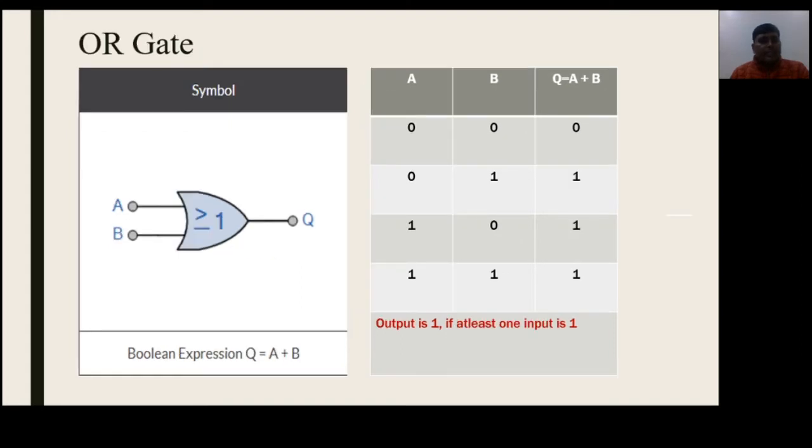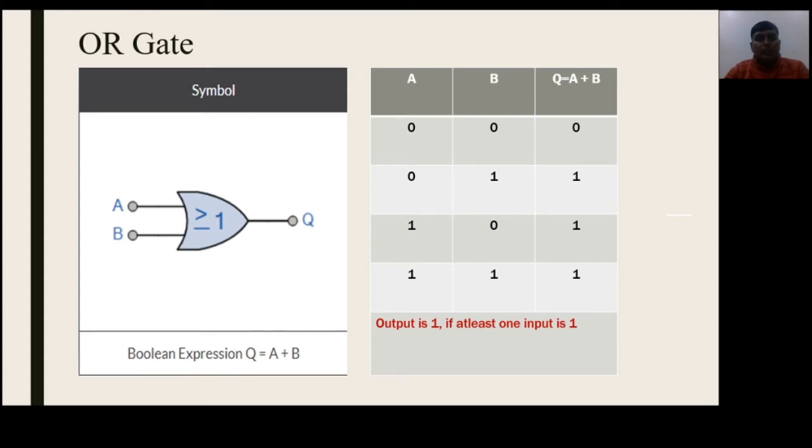Next is OR gate. In OR gate also there are four possible combinations of inputs because there are two input variables A and B. The four combinations of input are 0 0, 0 1, 1 0 and 1 1. But OR gate states that if at least one input is 1, then output will be 1, otherwise output will be 0.